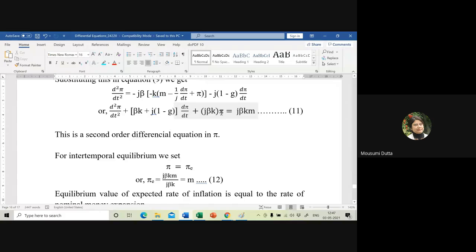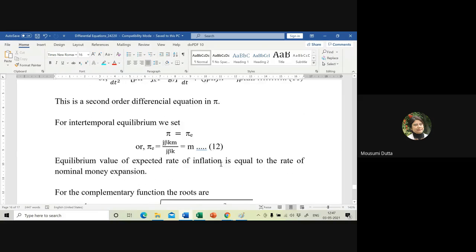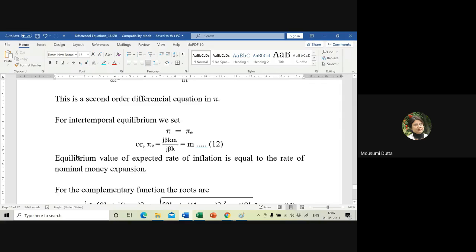And from here, you will be able to solve for pi e. So pi e is equal to j beta k m by j beta k, which is nothing but m. So the equilibrium value of expected rate of inflation is equal to the rate of nominal money expansion.